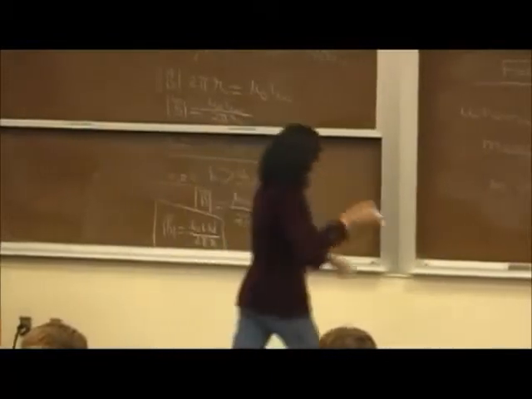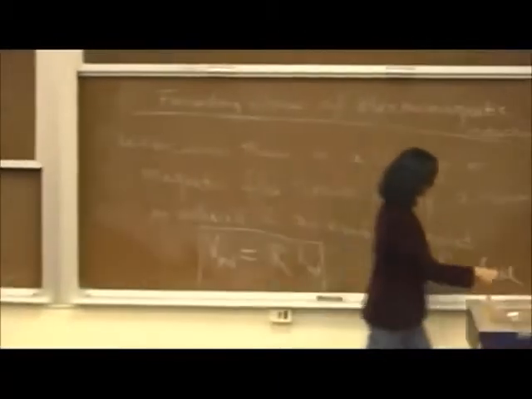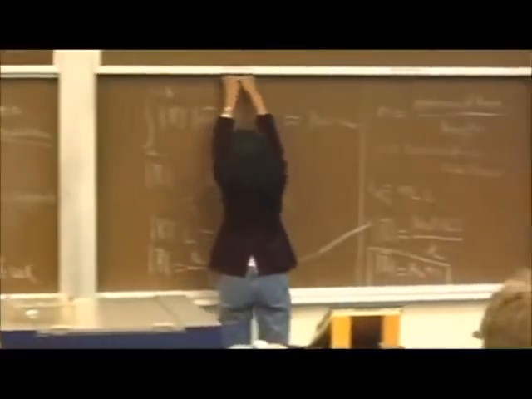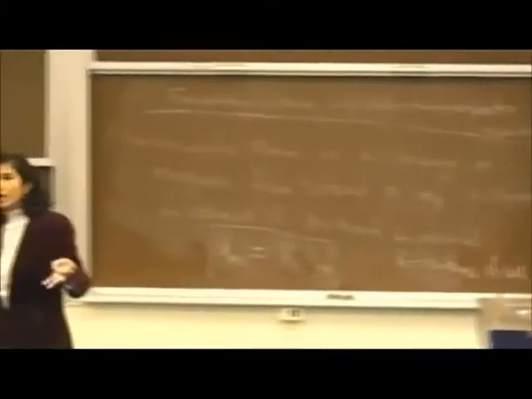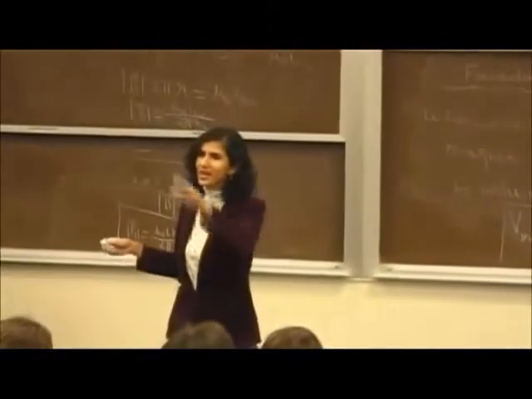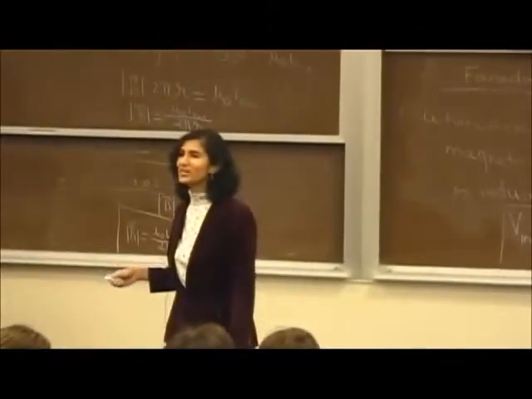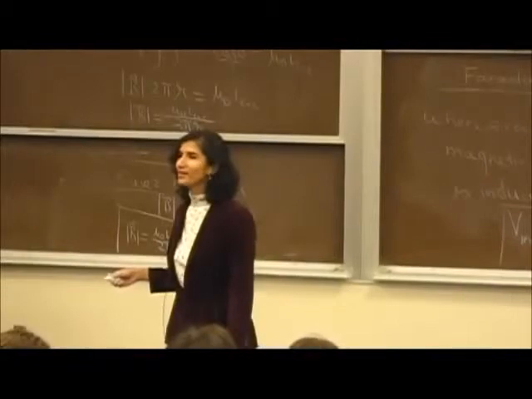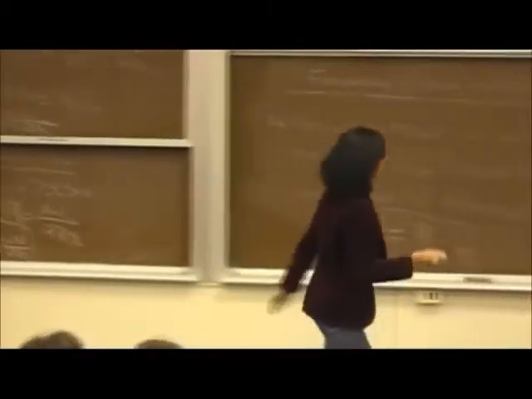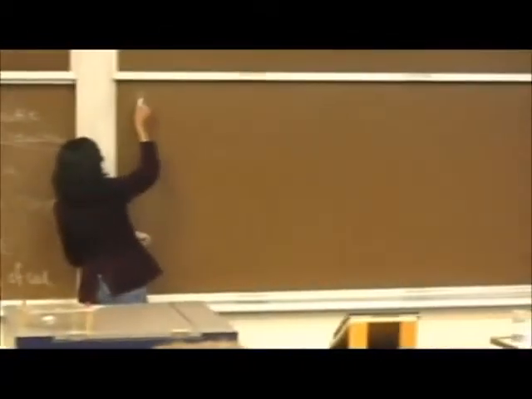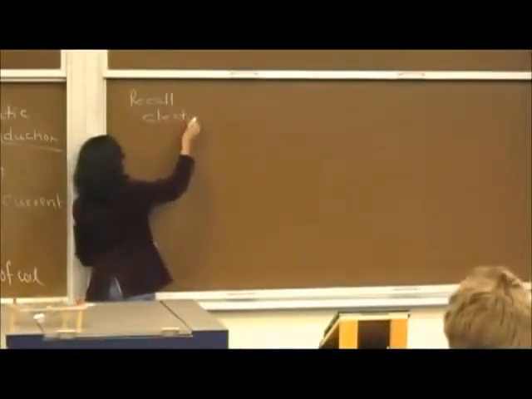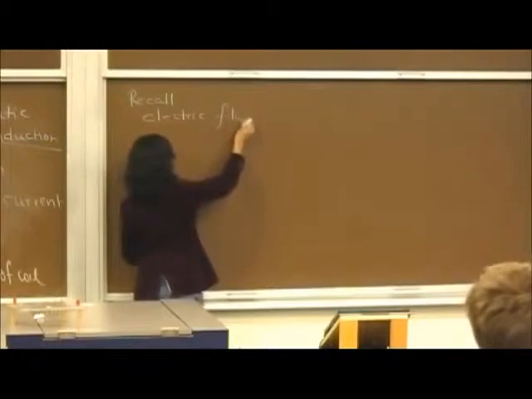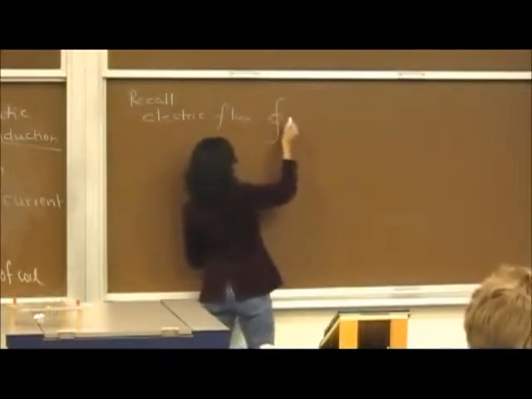According to Faraday's law, the induced EMF is related to changes in magnetic flux. Now, what do you think is magnetic flux? Just by analogy with electric flux, can anybody say what should be the magnetic flux definition? Let me remind you what is electric flux. Electric flux was this.